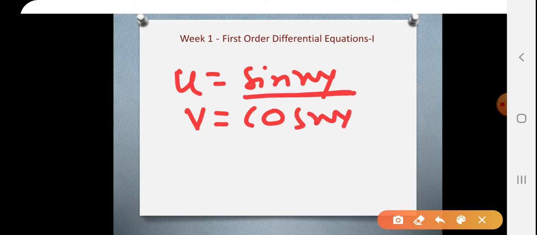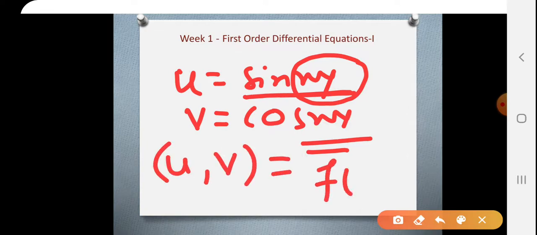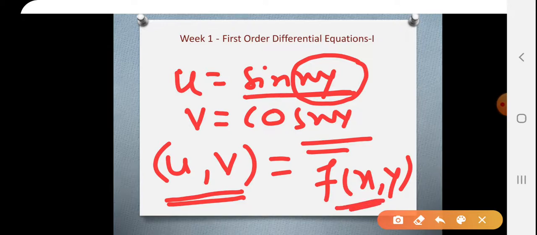Clearly, here x and y are two variables, so x and y are independent variables. So I can write u, v, both are functions of x and y. So you can see two independent variables and two dependent variables.